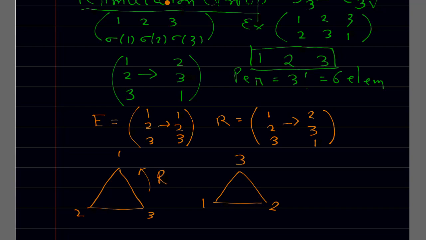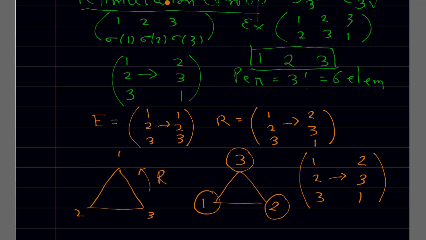So 1, 2, 3 goes to 2, 3, 1: 1 is now in the place where there was 2, 2 is now in the place where there was 3, and 3 is in the place where there was 1. You see, I have related the permutation operator R here with the R operator that we defined in the equilateral triangle case.